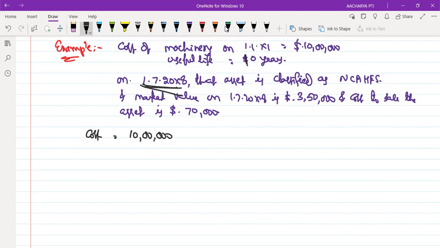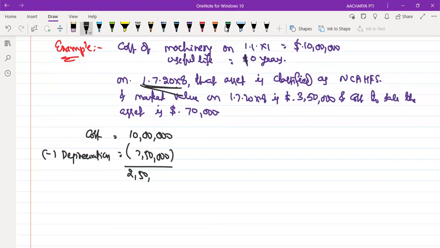So 7 years and 6 months. For 7 years, 7 lakh, and for 6 months, 50,000. So depreciation for 7.5 years is 7,50,000. So 2,50,000 is the carrying amount.